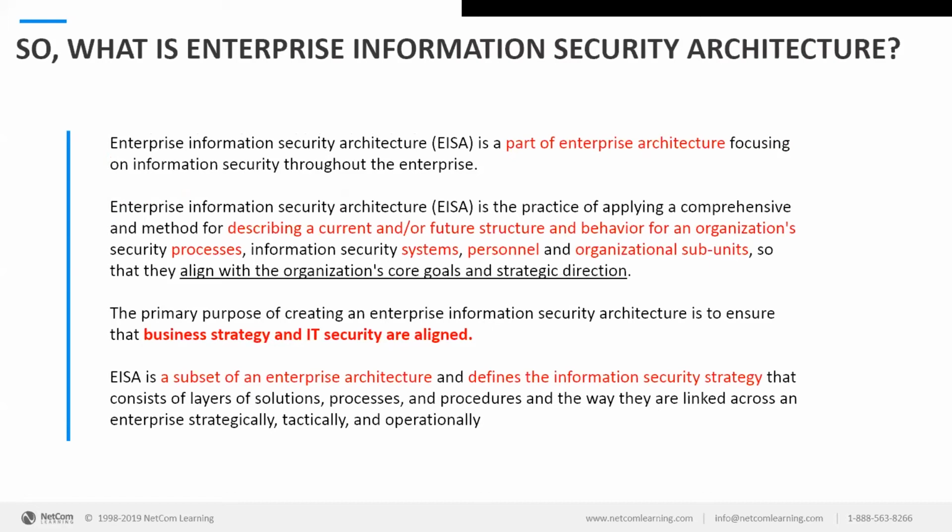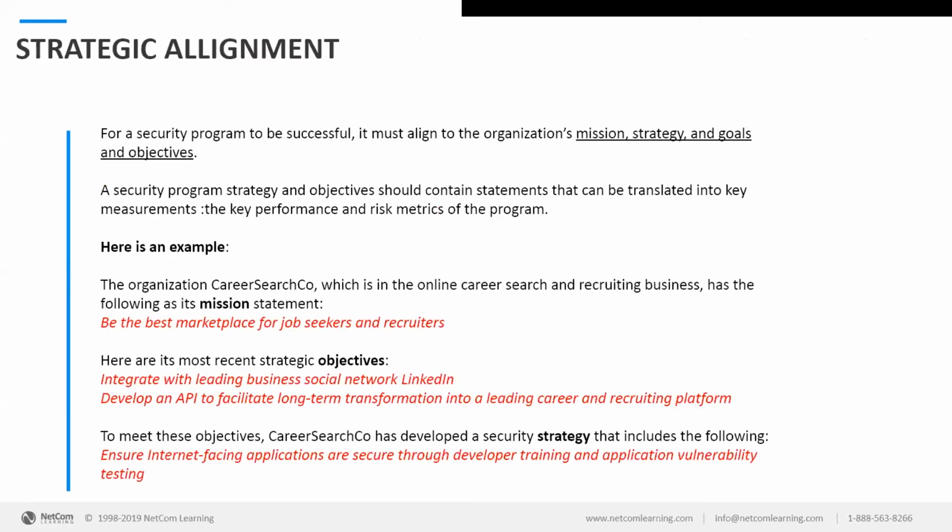And we can say that enterprise information security architecture is the practice to describe the current and or the future structure and behavior of your organization's security processes. Now, if you want to explain this part, let me tell you something. Let's return back to the two slides and here in objectives.